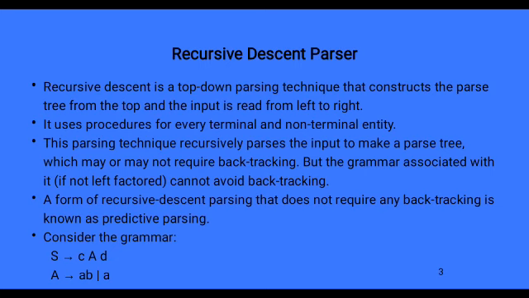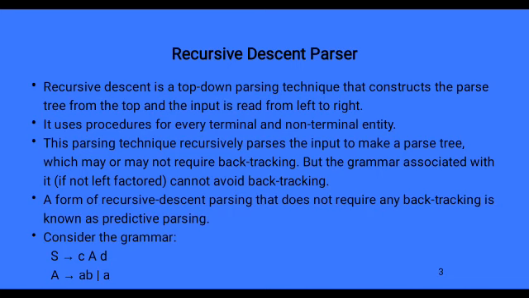Coming to the recursive descent parser, yesterday I already discussed the definition. The parser is constructed from top to down and the input is read from left to right. The input is recursively parsed for preparing a parse tree with or without backtracking. That is called the recursive descent parser. The recursive descent parsing technique recursively parses the input to make a parse tree, which may or may not require backtracking.